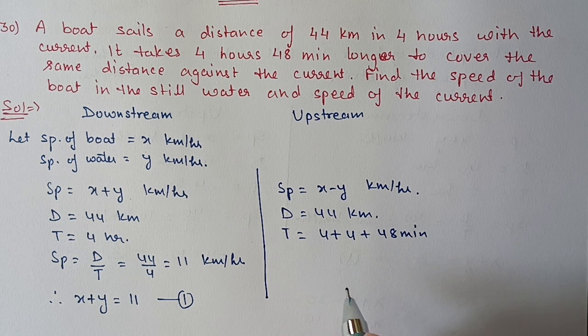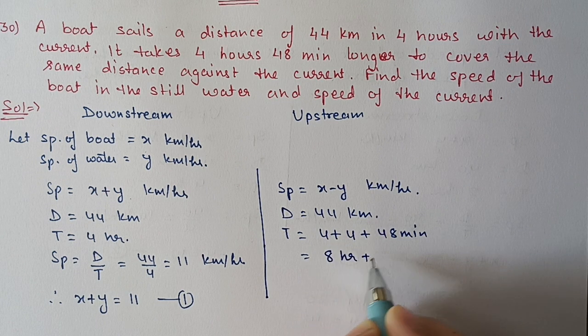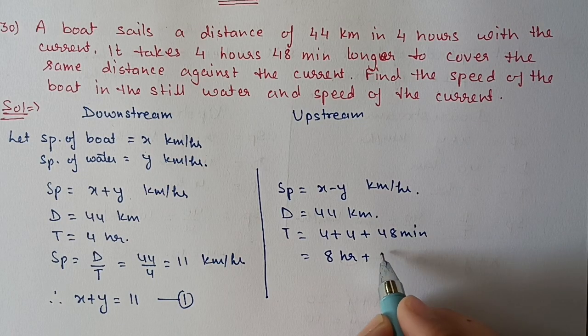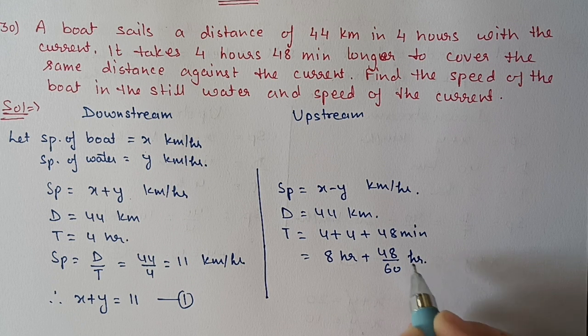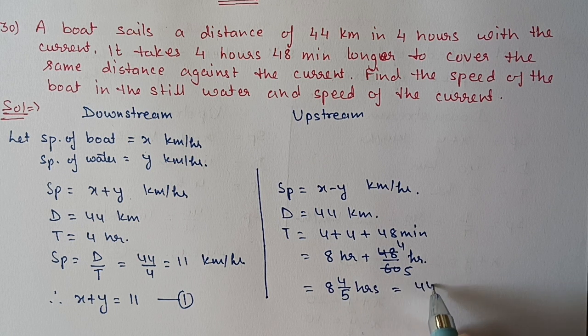First we will change everything into hours. 4 plus 4 is 8 hours, and 48 minutes we will also change into hours by dividing by 60. Cancelling with 12 table, 12, we get 4 and 5. After addition you will get 8 whole number 4 by 5 hours. We can change it into 8 times 5 is 40, plus 4, 44 upon 5 hours.